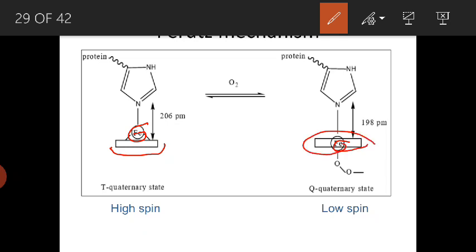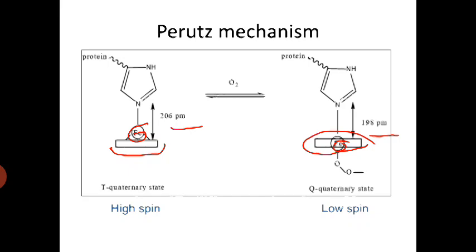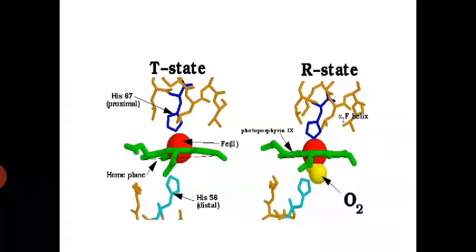That means oxygen molecule pulls iron inside the porphyrin complex, and the distance between nitrogen and iron will be less, that is decreases from 206 to 198 picometers. So this is called Perutz mechanism, and this picture again we can see in another slide.